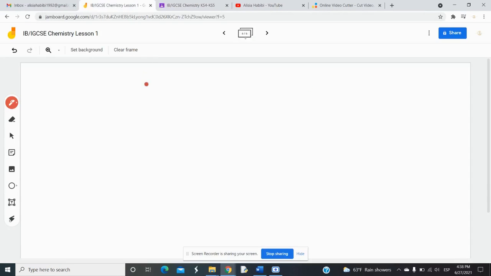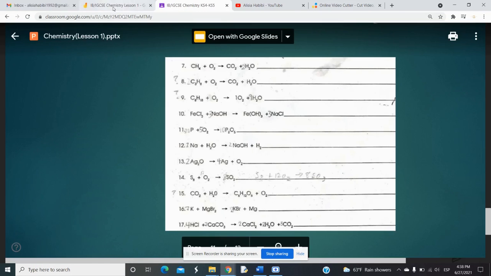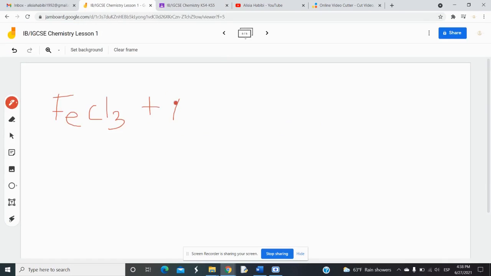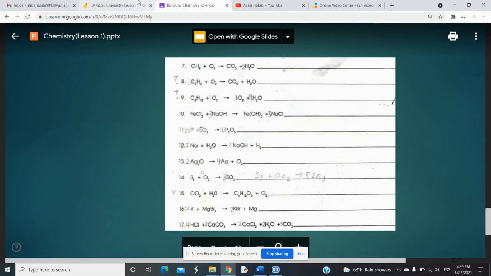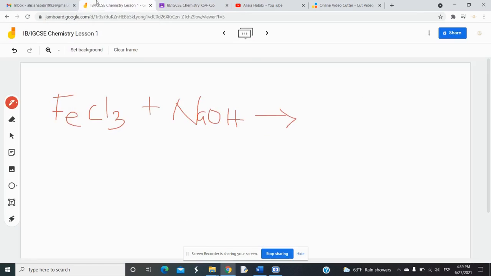So what we're going to do, first of all, is let's write the equation, and we'll do the same steps that we've done previously with the other examples. So we'll write iron, which is Fe, and then of course Cl3, plus reacting with sodium hydroxide, which is NaOH, and this is producing our iron hydroxide, Fe(OH)3, and sodium chloride.